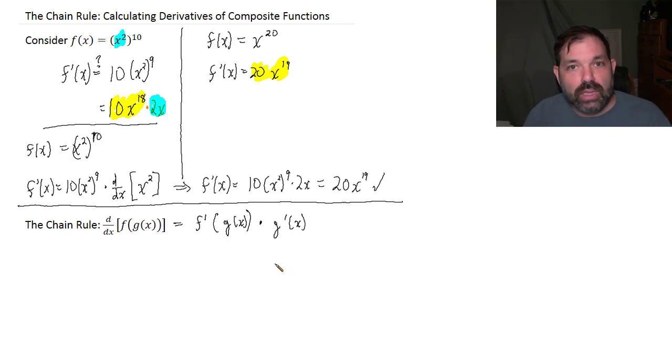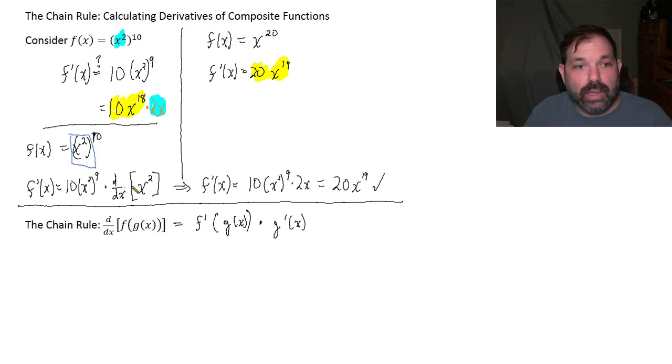And so that's what we really did in this previous exercise. If we think of the outside function as being something to the 10th power, we had something to the 10th power. And what did we do?